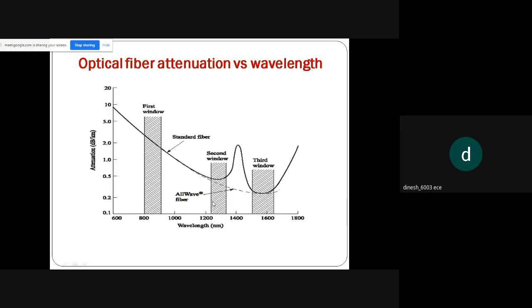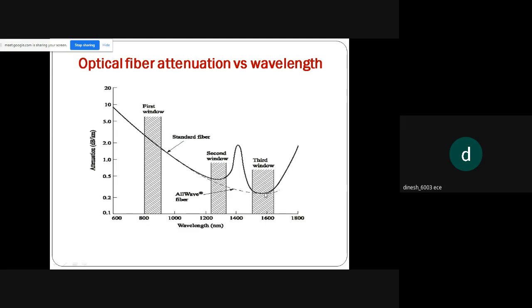The second window system operated at 1330 nanometer, and the attenuation was less than 1 decibel per kilometer, merely 0.9 decibels per kilometer. The second window was done during the 1980s.